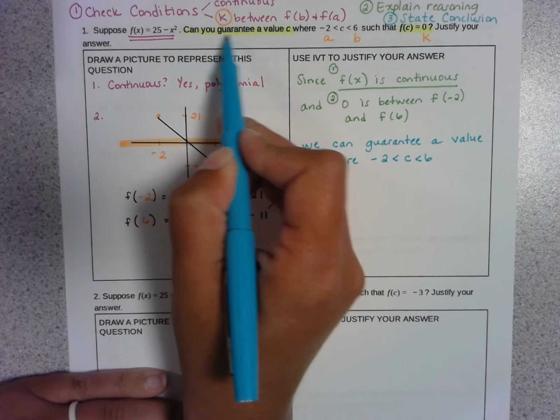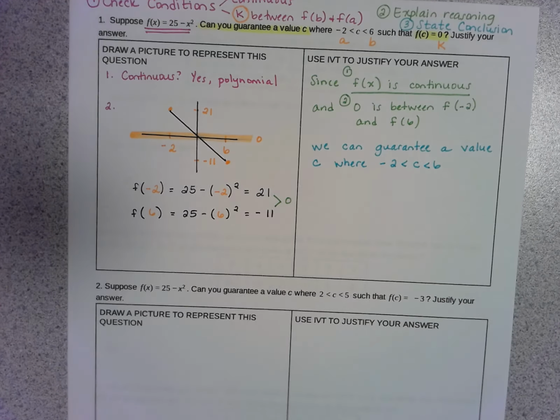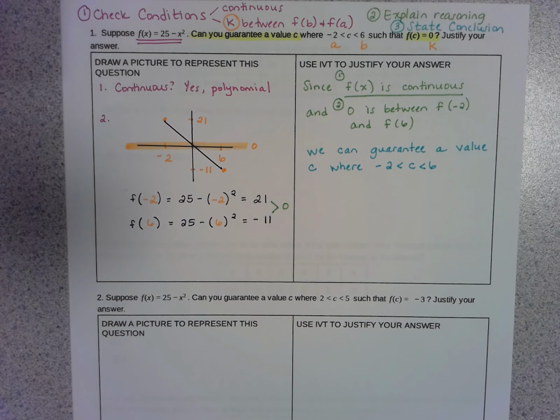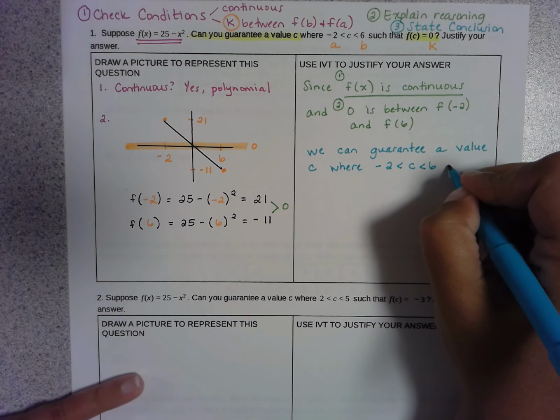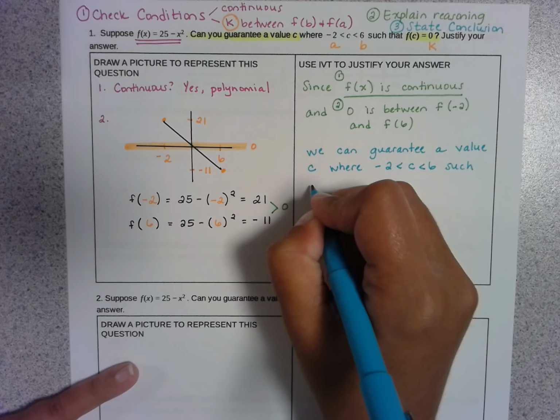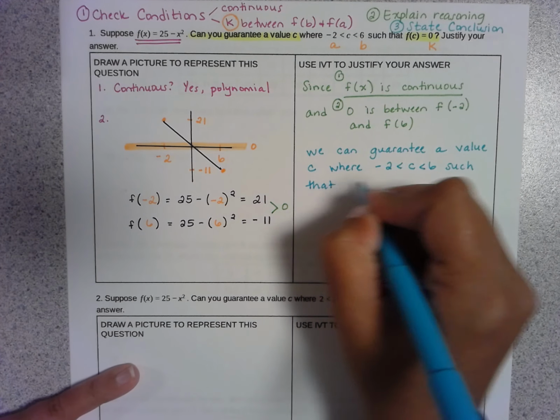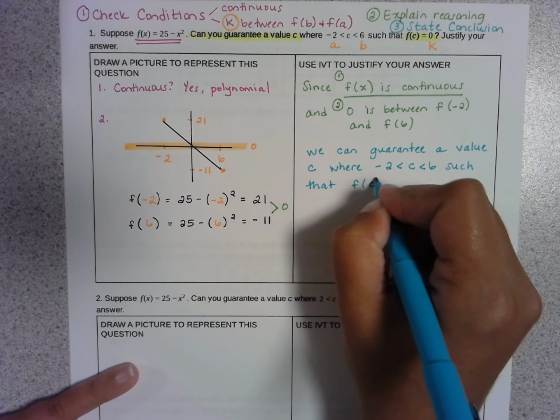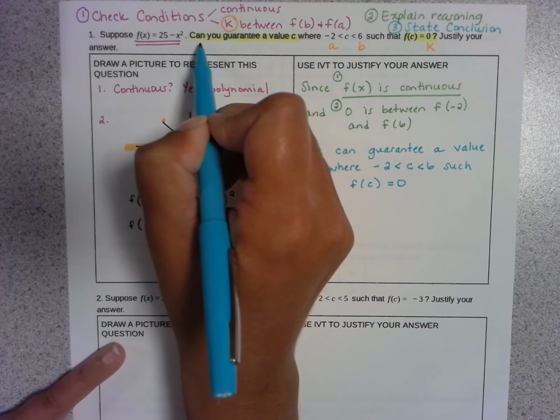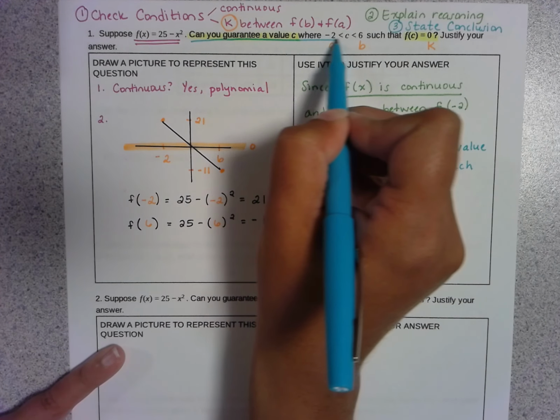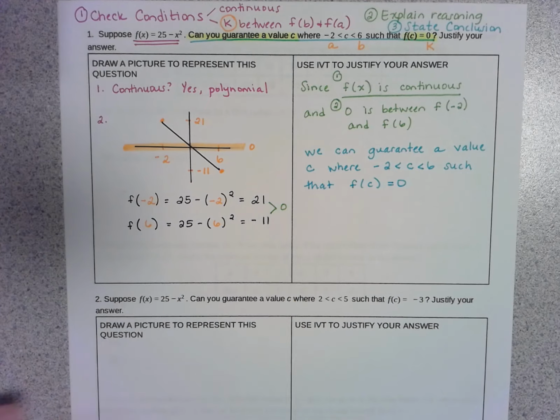You'll notice I'm just answering the question by copying it down as a statement instead of a question. Can you guarantee this? Yes, we can guarantee a value C where negative 2 is less than C is less than 6, such that f of C equals 0. So this statement right here is the conclusion that I need to state.